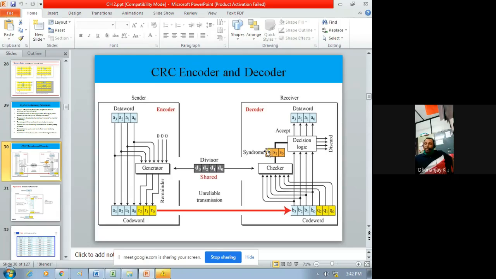While if any value other than 0 appears at the decoder for the syndrome, then we say that an error has occurred in any of the bits. It could be a 1 bit error, 2 bit, 3 bit, 4 bit, 5 bit, whatever it is. So that is how the CRC encoder is supposed to work.